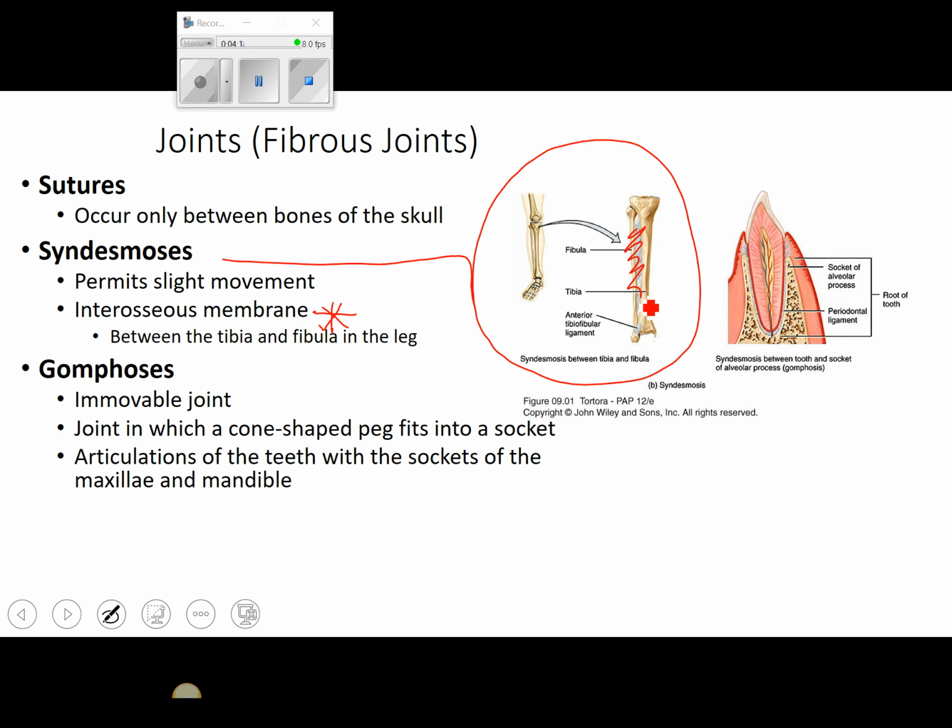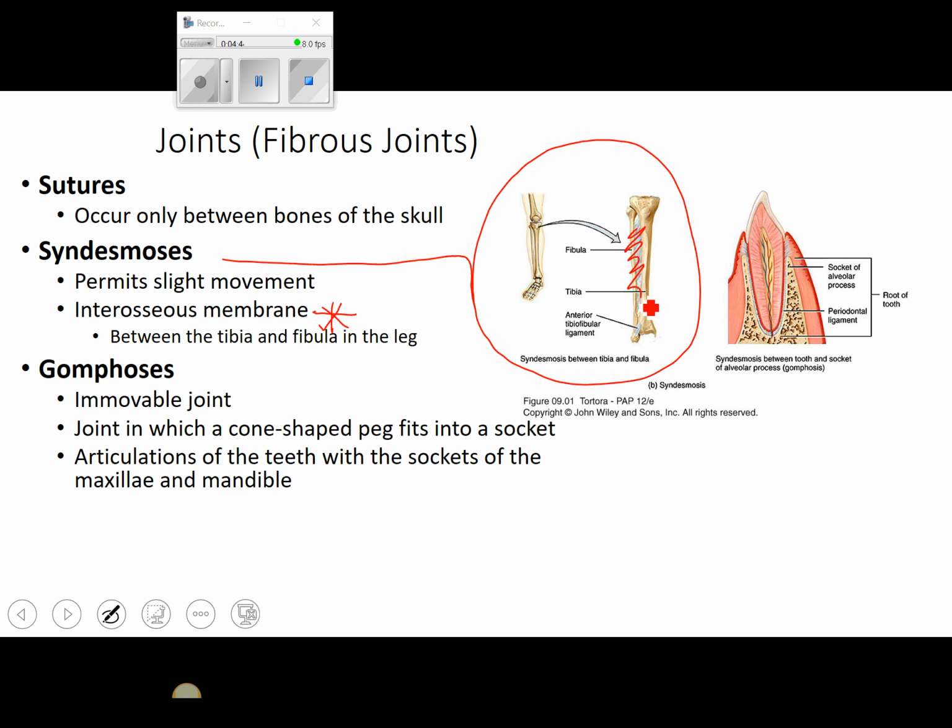Gomphosis is an immovable joint. It's a joint in which a cone-shaped peg fits into a socket. So the articulations of the teeth with the sockets of the maxilla and the mandible bone are really your only good example of that. Motion is going to be very minimal, but it can be achieved over time with braces.